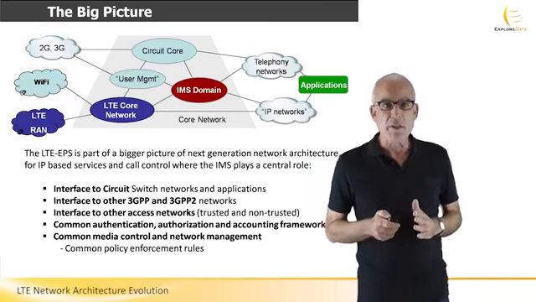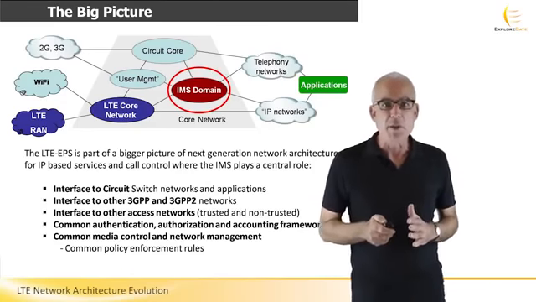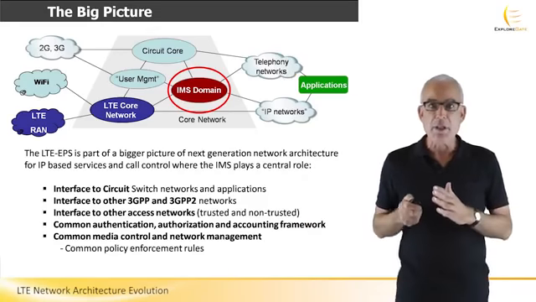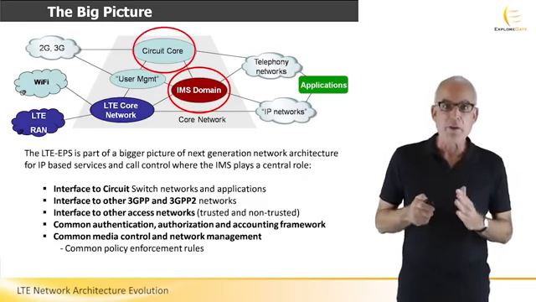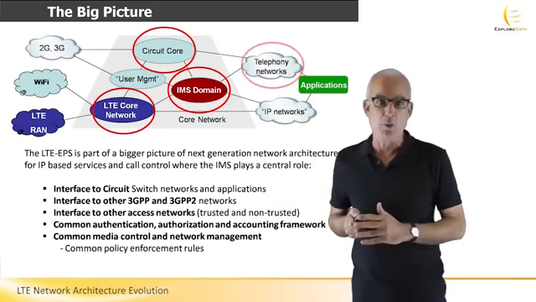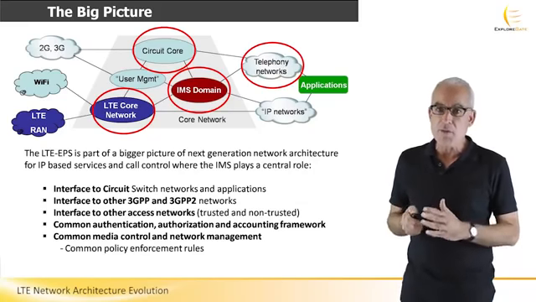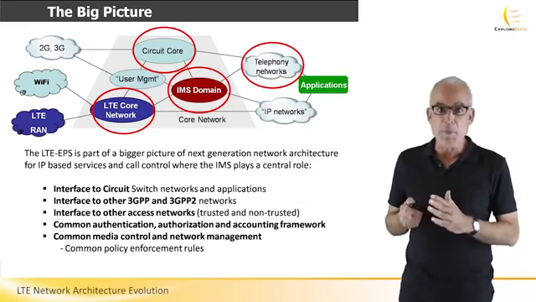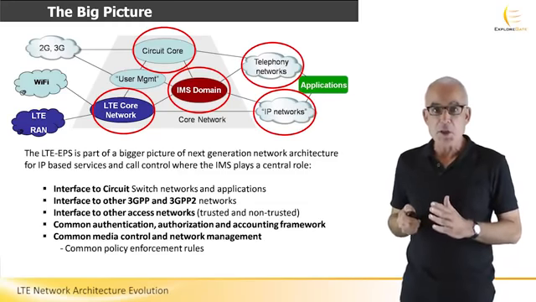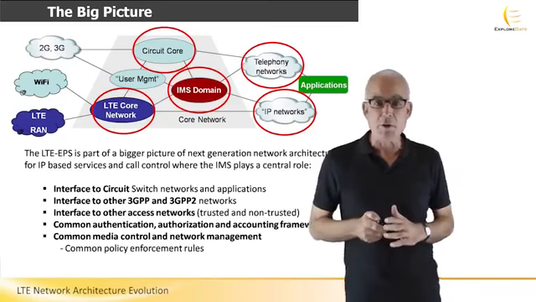It is easy to see the central role of the IMS as the connecting subsystem between the LTE core network and the 2G, 3G circuit core, as well as the connection between the LTE network and the external telephony networks. Where implemented, the IMS may also have a significant role in managing packet data to and from the LTE core network. The structure of the IMS and its operation are discussed in a separate video tutorial.